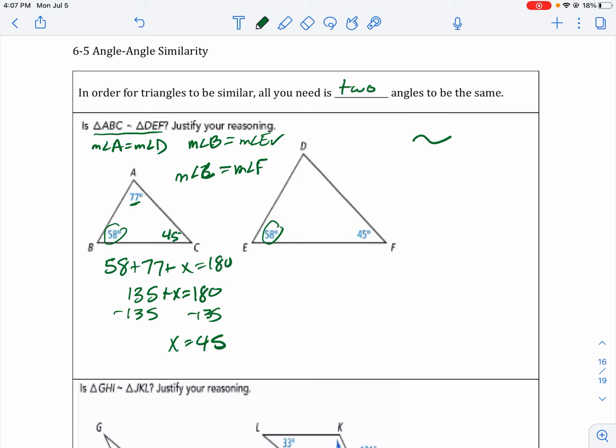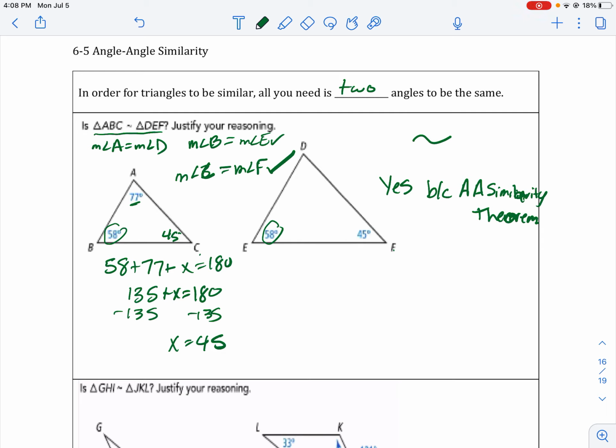Boom. Since F is 45 and C is 45, there are my two angles. Angle B is equal to angle E, and angle C is equal to angle F. So yes, these are similar because of the angle-angle similarity theorem.